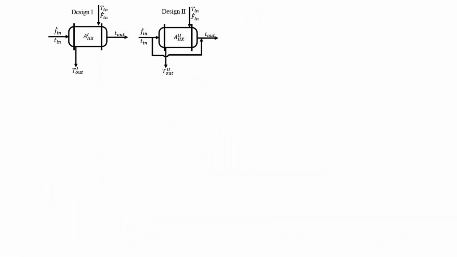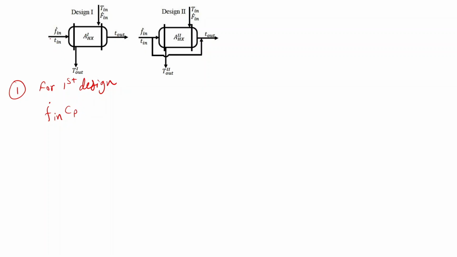So let's solve it. For design 1, let's just write the energy balance. For the first design, we can write the energy balance as m Cp delta T, and here we have been given m as the mass flow rate as F in. Let's just write F dot in. Let's just write the heat capacity as Cp.